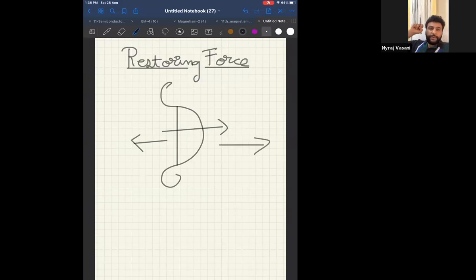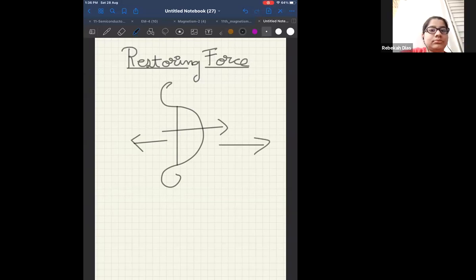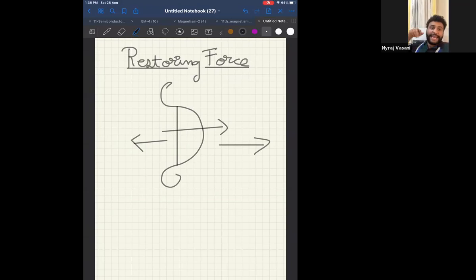Therefore, can I say force is directly proportional to displacement, but they act in opposite directions? That means with more force, if I pull the arrow backward, that much more displacement the arrow will have forward.